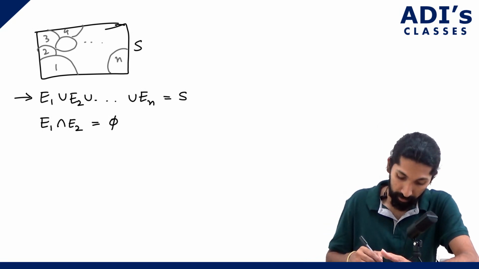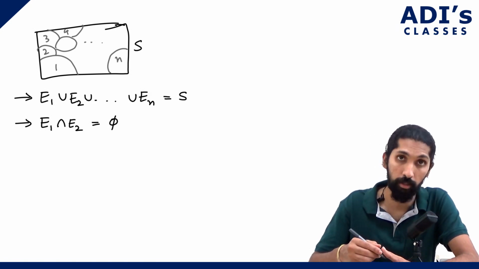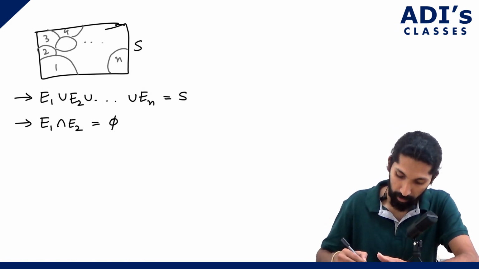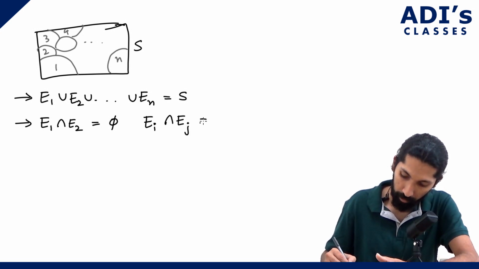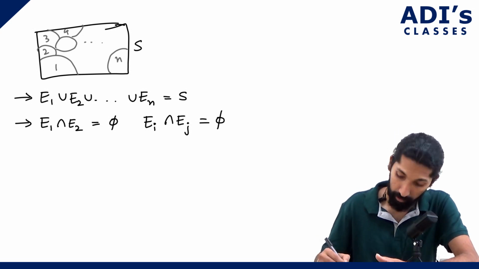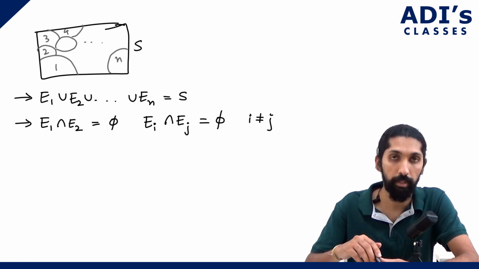And if you take the intersection, that is going to give you null set. So in general, we can say that Ei intersection Ej is equal to null set provided i is not equal to j. Makes sense, correct?